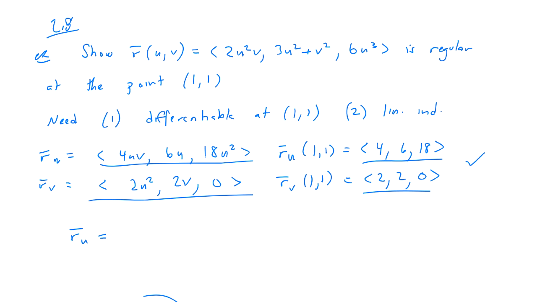So are these 2 vectors parallel? No. So one is not a constant multiple of the other. Therefore, they are linearly independent, and therefore, the function is regular at that point.